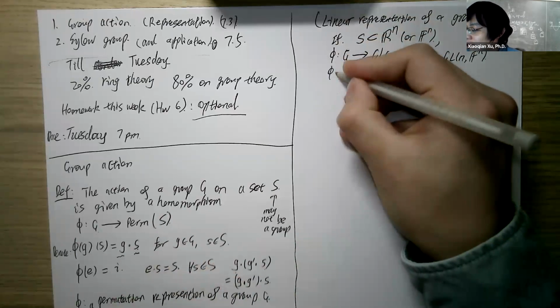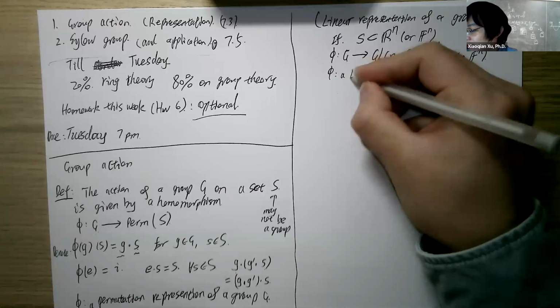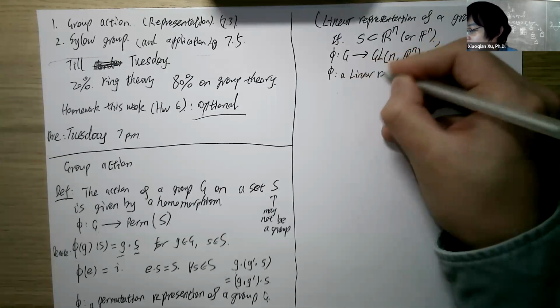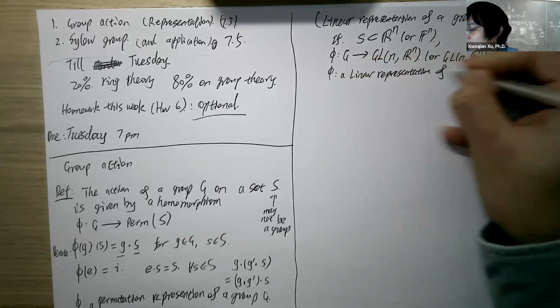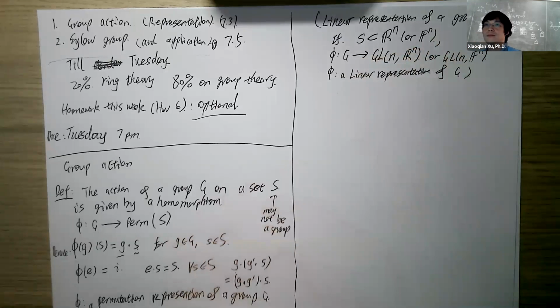Then this phi is called a linear representation of G, which means you try to see G as a subgroup of the general linear group.